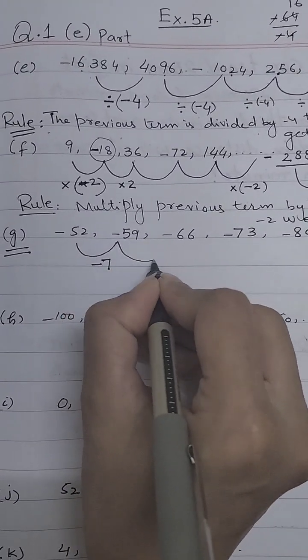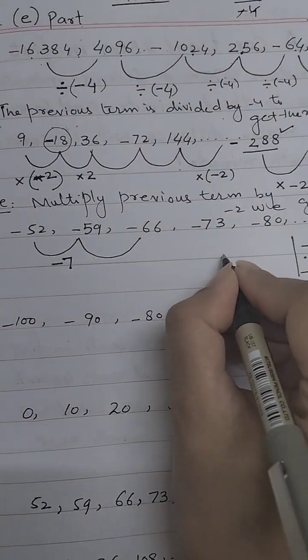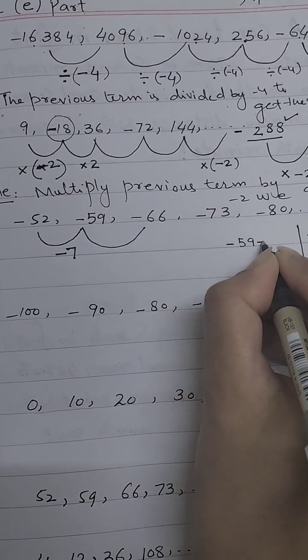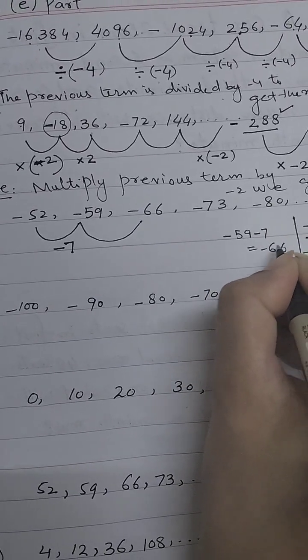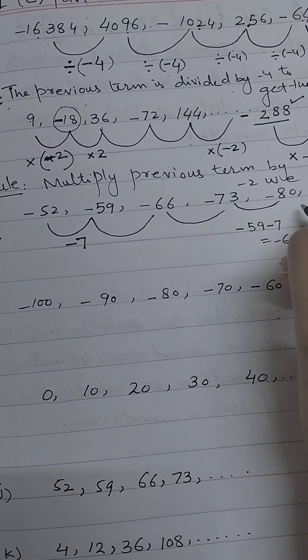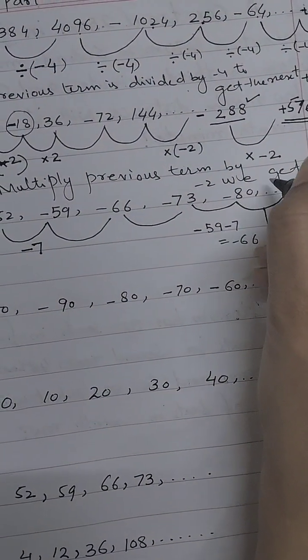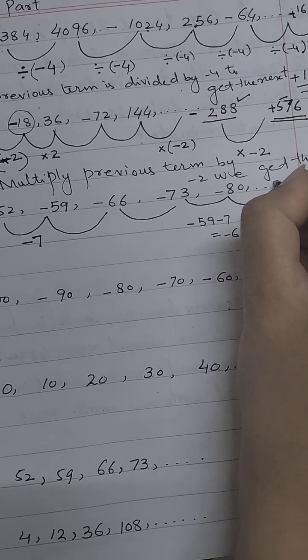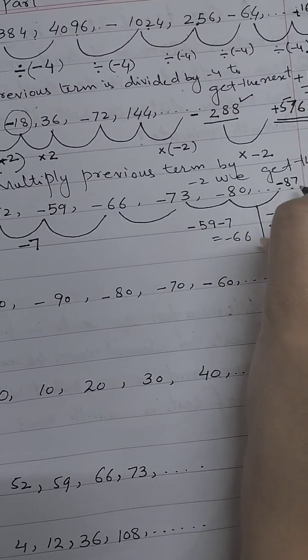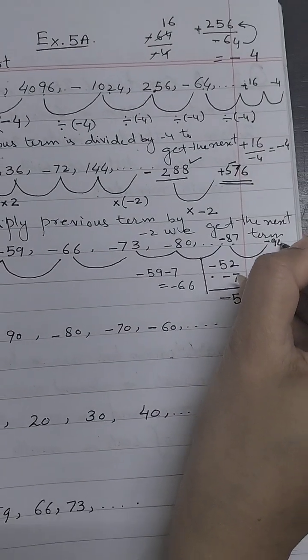And then when we add minus 7 in it, we get minus 59 minus 7, you get minus 66, then minus 7 gives minus 73, then minus 7 gives minus 80, then minus 7 gives minus 87, and then minus 7 gives minus 94.